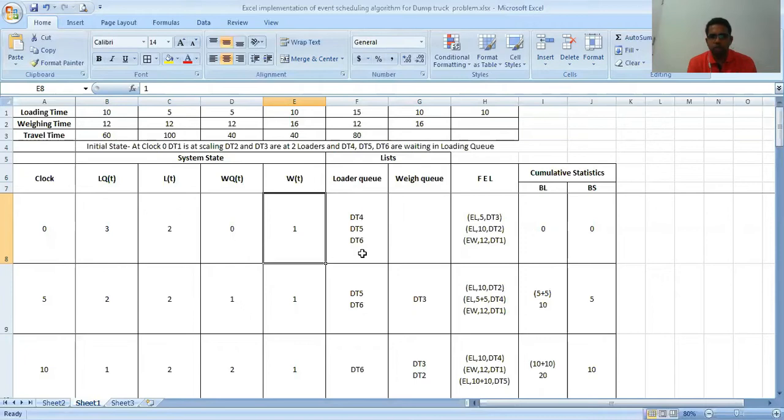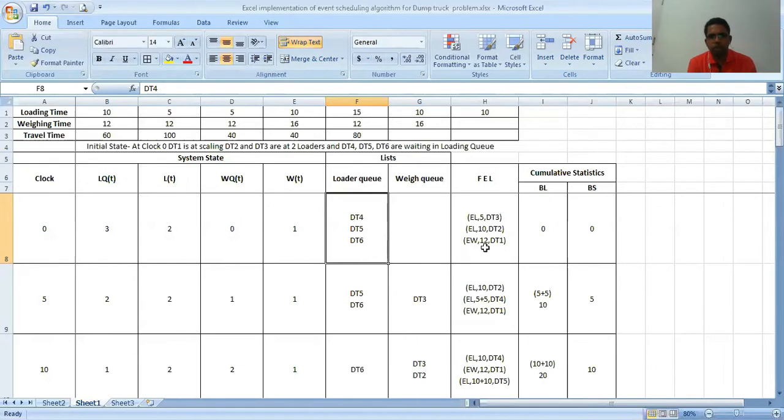As per the list, dt4, dt5, dt6 will be waiting in the loader queue. dt2, dt3 are getting loaded, and dt1 is getting weighed at the scaling machine.